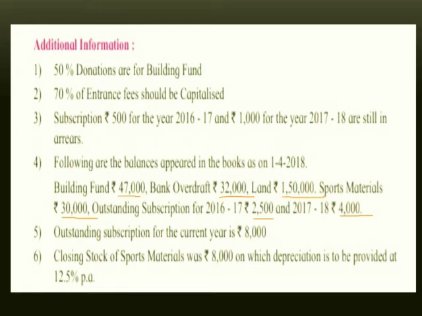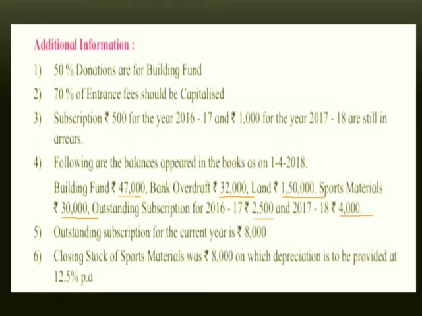It will help us to know the capital fund. Then outstanding subscription for the current year is rupees 8,000. Then you have to tick mark the subscription also. Closing stock of sports material was rupees 8,000 on which depreciation is to be provided at 12.5% per annum. Here we have to again make a working note for this adjustment that I will tell you how to do.